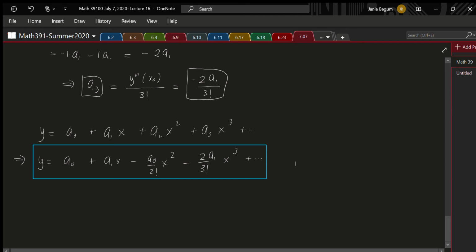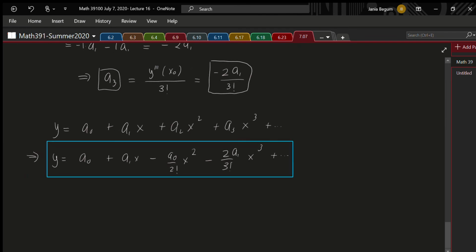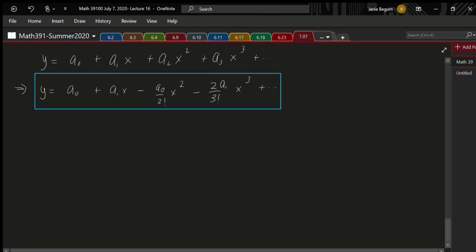So the next section we're going to cover is going to be 5.4. So this is 5.4, Euler equations, and regular singular point.